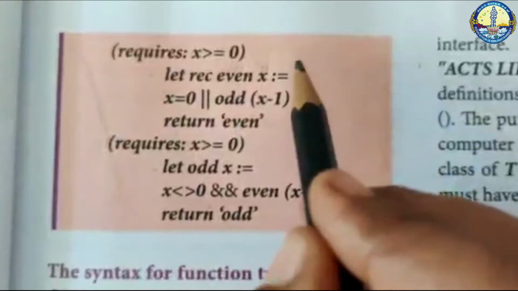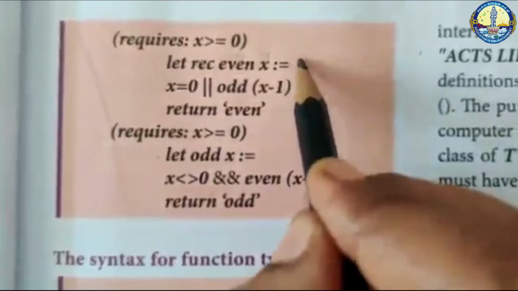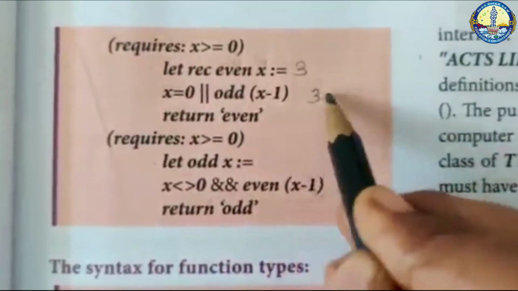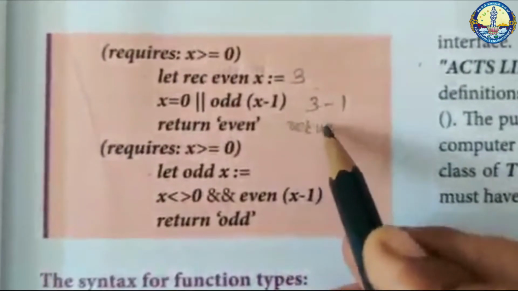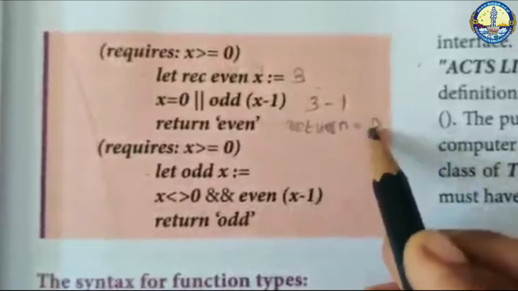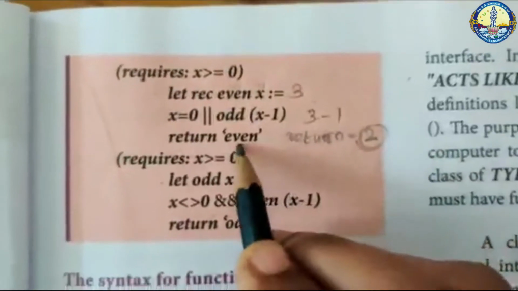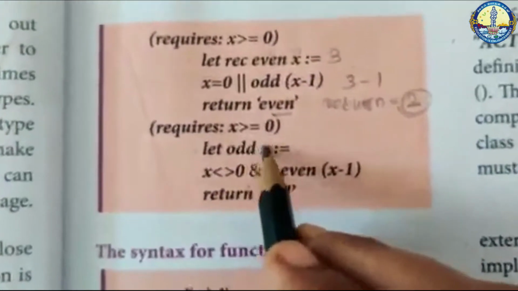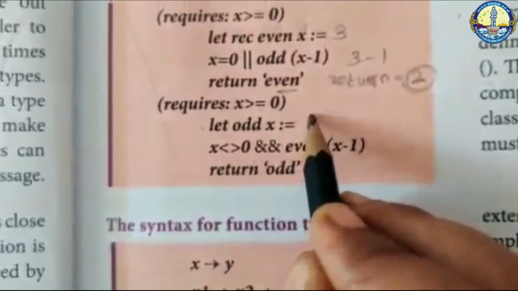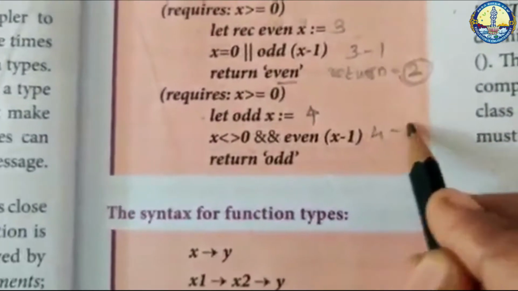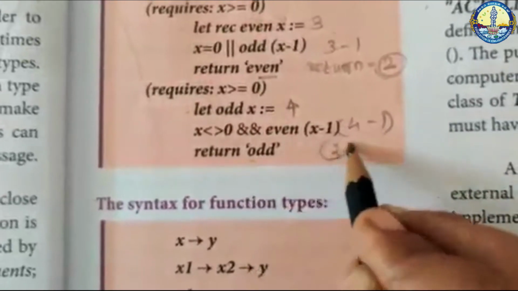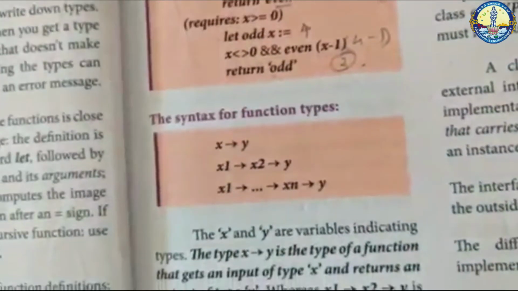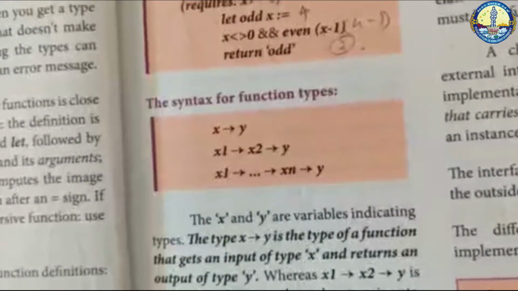Any other value, say we assign 3: 3 minus 1 gets a return value of even number, so 2 is even. Taking x equal to 4: 4 minus 1 gets a return value 3, odd number. So it checks whether the entered number is even or odd.